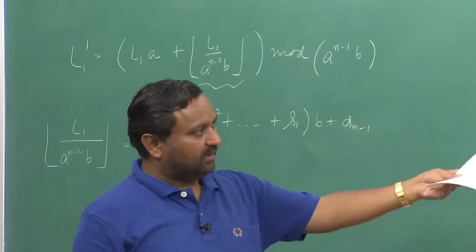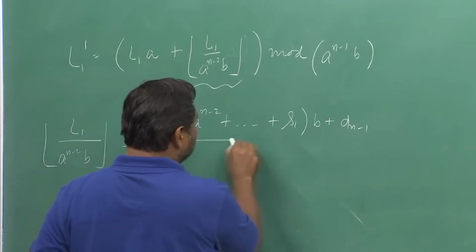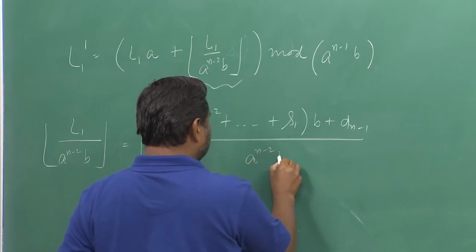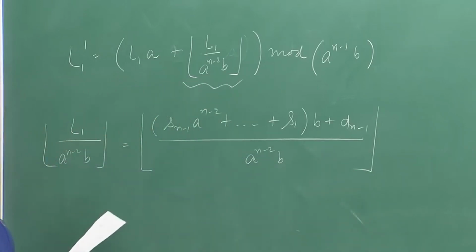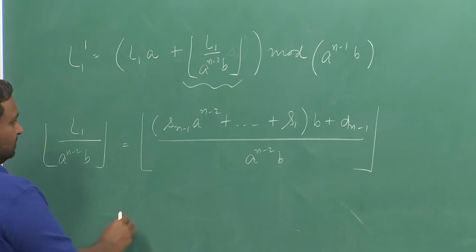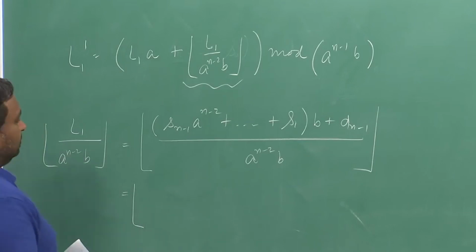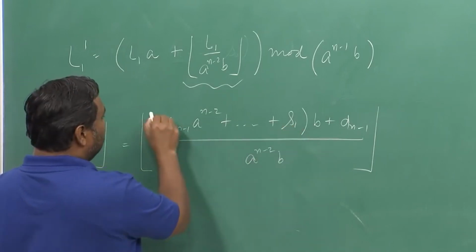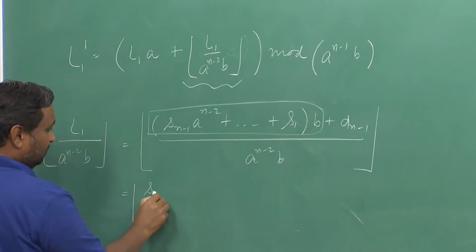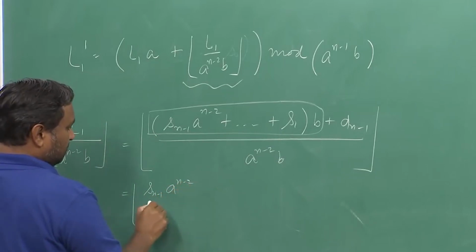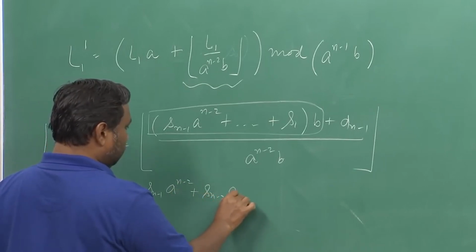Okay, this I have got from there. I have to divide this whole thing by A raised power n minus 2 B and take the floor function. So, when I do this, I still have to keep the floor function first. So, if I look into this particular thing, B will cancel, I will divide by A raised power n minus 2. In fact, S of n minus 2 A raised power n minus 3.